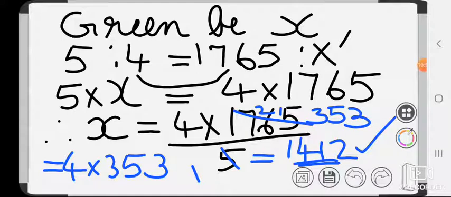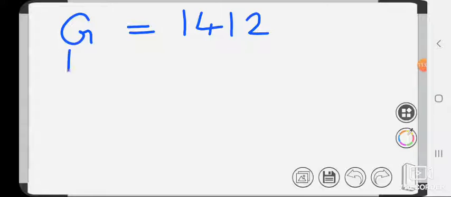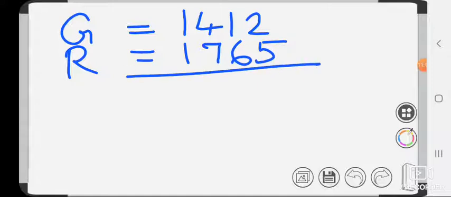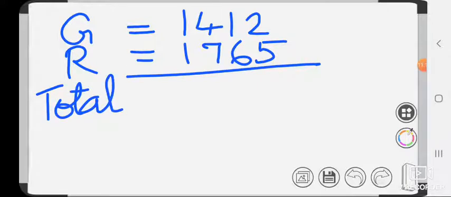Now we can find the total number of bulbs, isn't it? Green bulbs I will represent as G. We got 1412. Red bulbs already given in the question, 1765. Now our task is to find the total number of bulbs in the long chain.